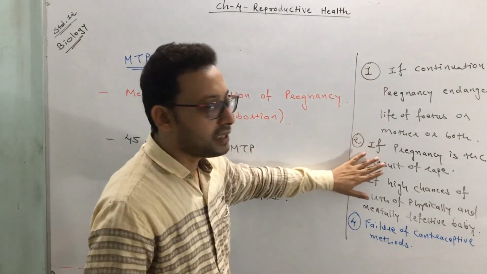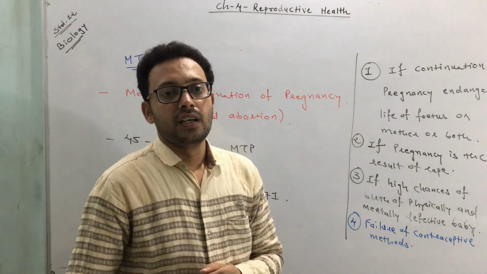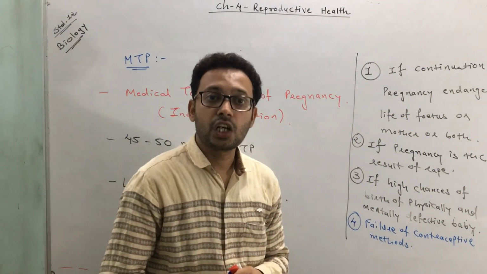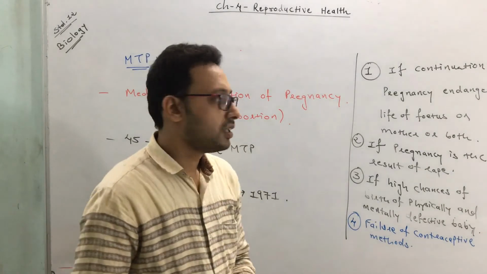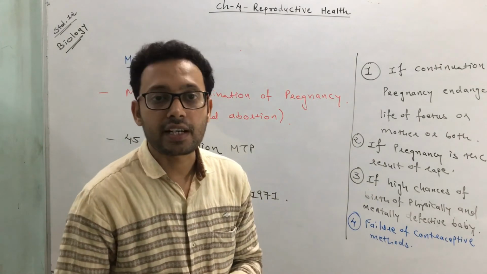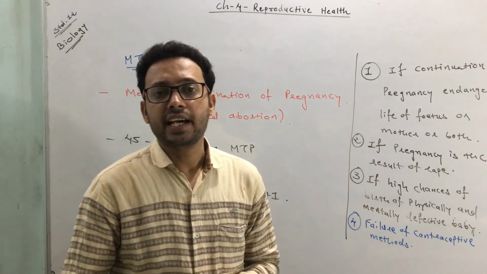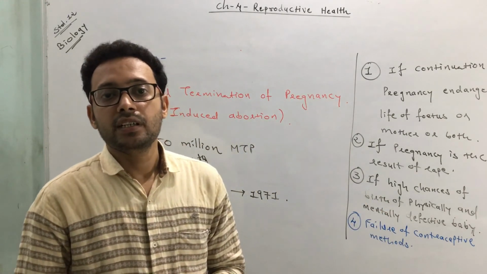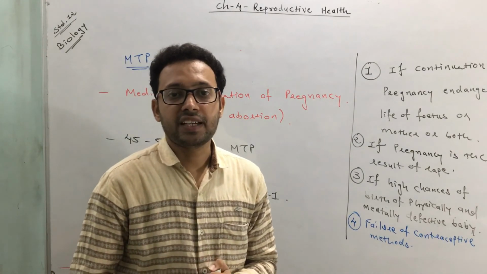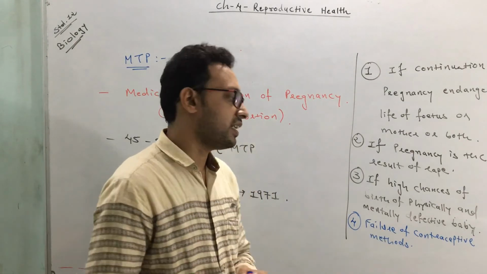So where is the MTP, medical termination of pregnancy, allowed? First, if continuation of pregnancy endangers the life of the fetus or mother or both. Second, if the pregnancy is the result of rape or unwanted sex. Third, if there are very high chances that the baby to be born is physically and mentally defective, so it cannot survive its life in a normal way.